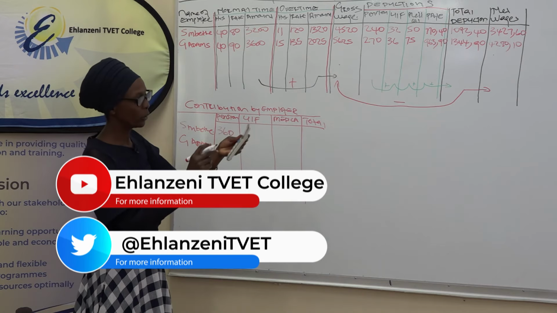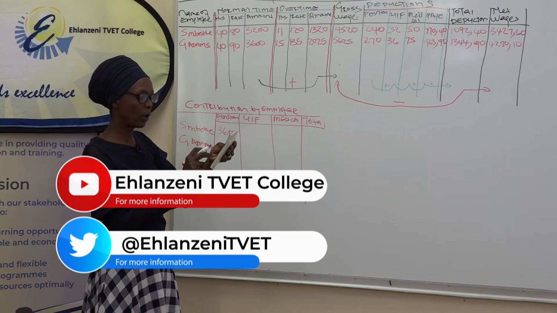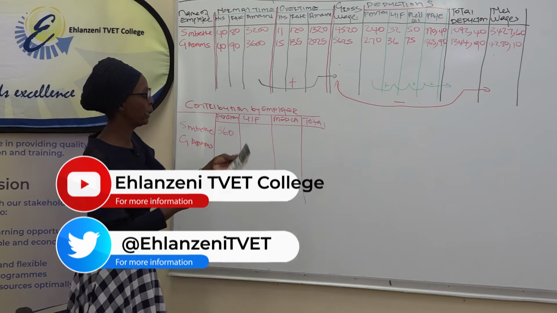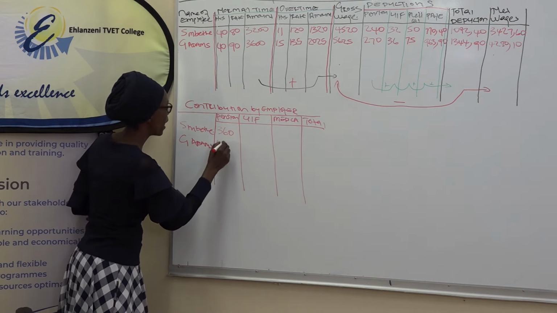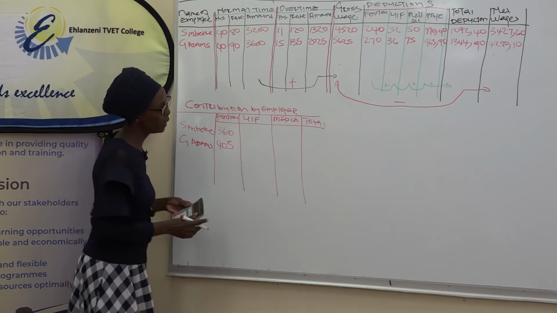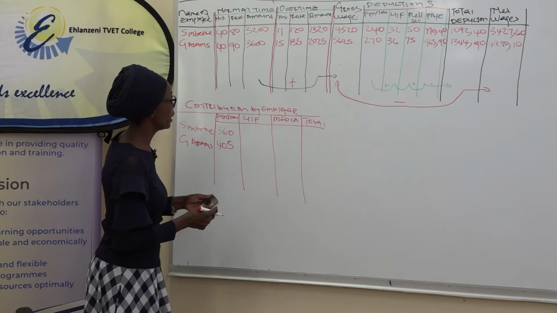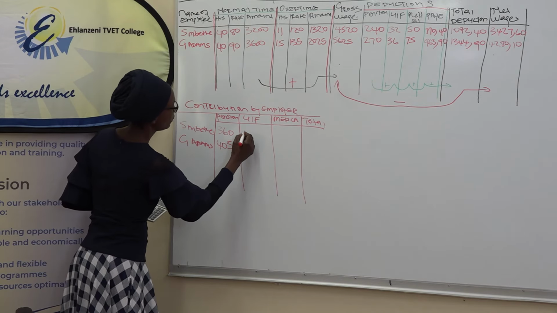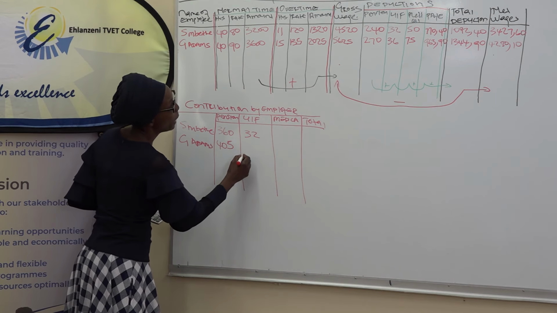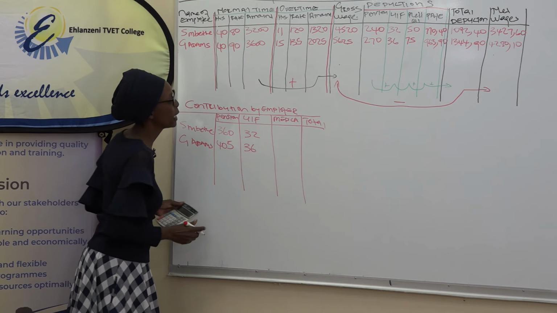The second one, 270 times 1 rand 50 is 405 for the second employee. In the case of the UIF, the employer contributes 1 rand for every rand contributed by the employee. That means the employer contributes the same amount contributed by the employee. It is 32 for the first employee and 36 for the second employee.